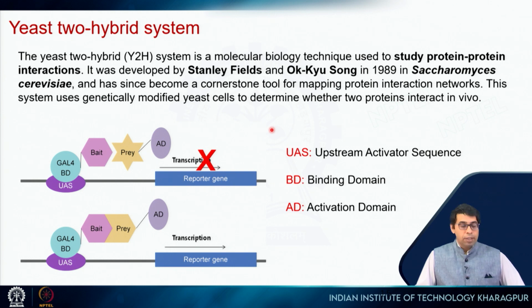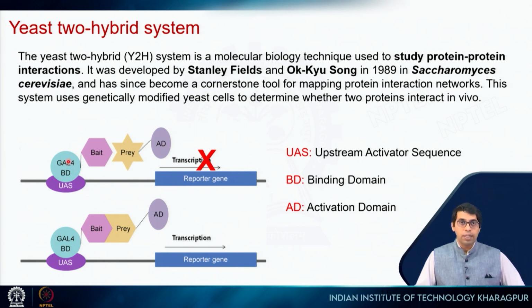Another important experiment that was first done in yeast is the yeast two-hybrid system. So, this is a very useful experiment that is used to study whether two proteins interact with each other. This particular protein, the GAL4 binding domain, and this activation domain are normally linked together.